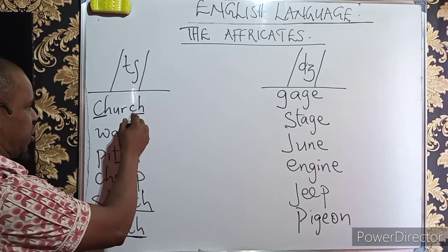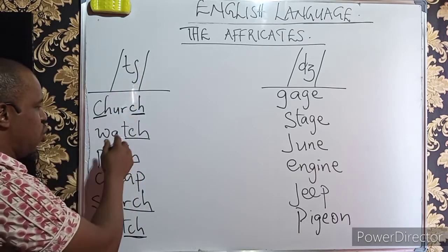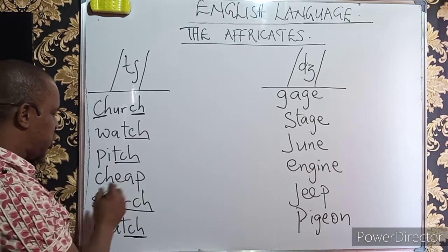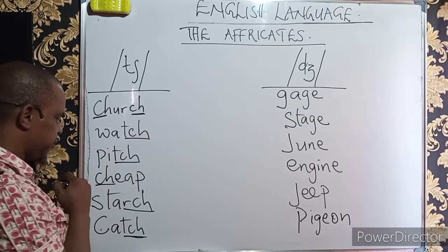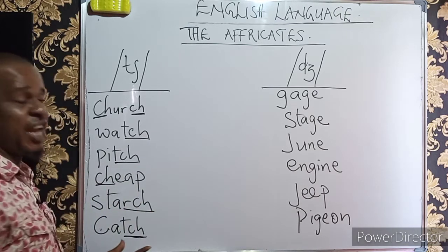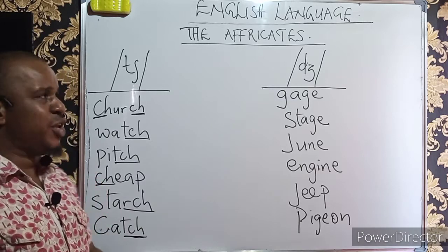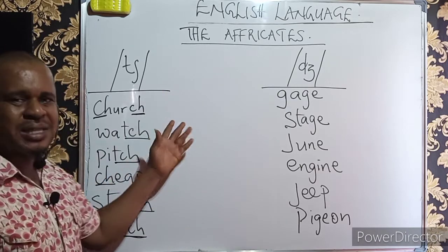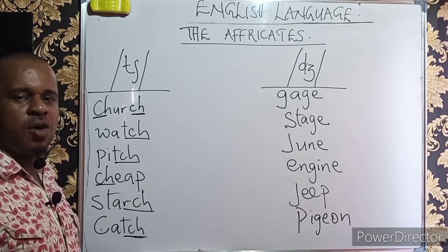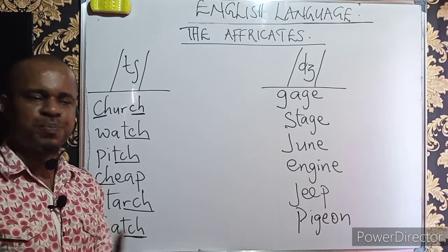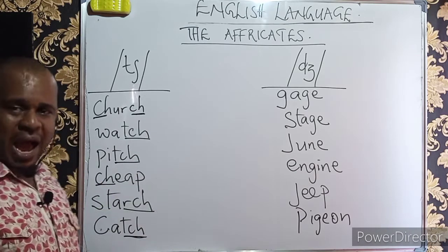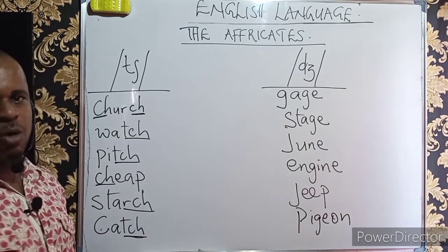The first one is church, then watch, pitch, cheap, starch, and catch. So we have a uniform sound obtained in all these examples, which is ch.